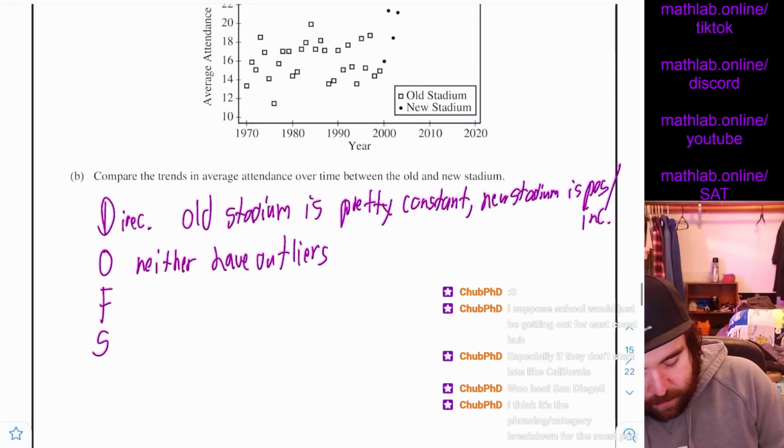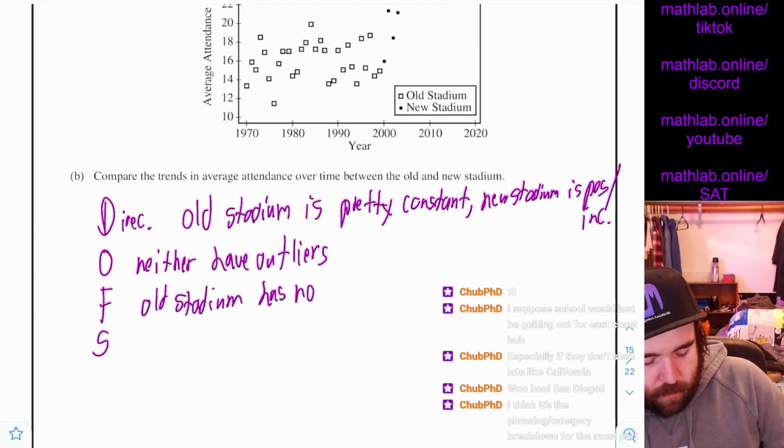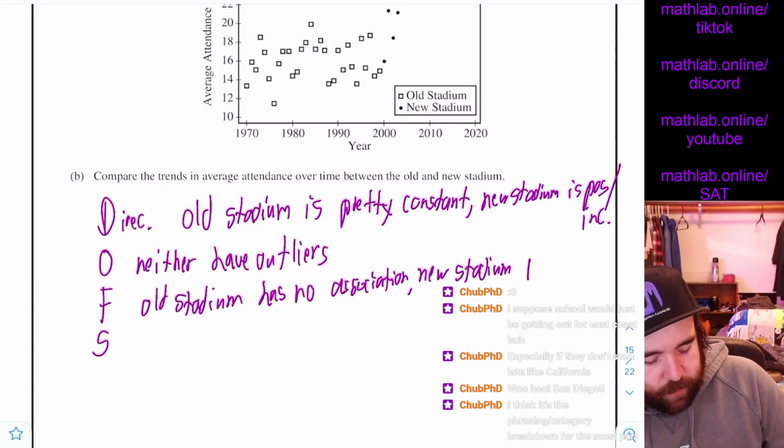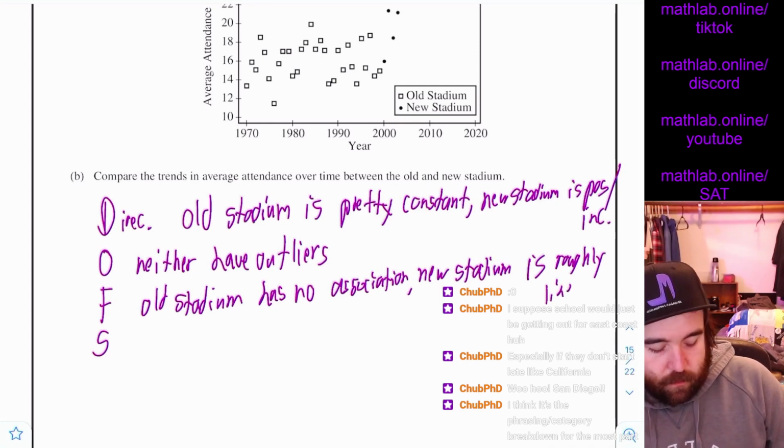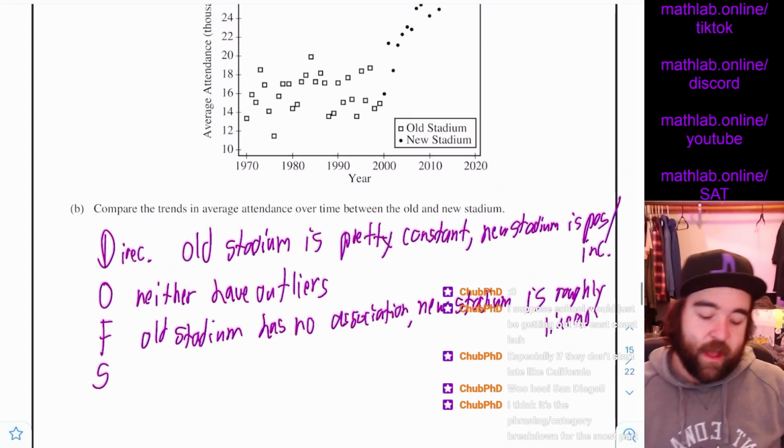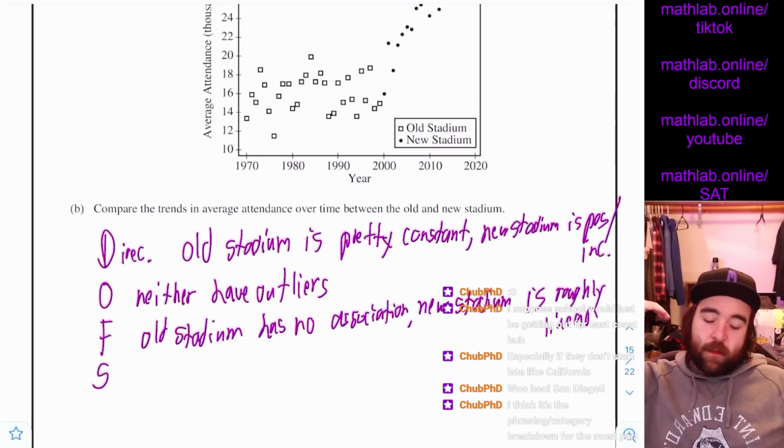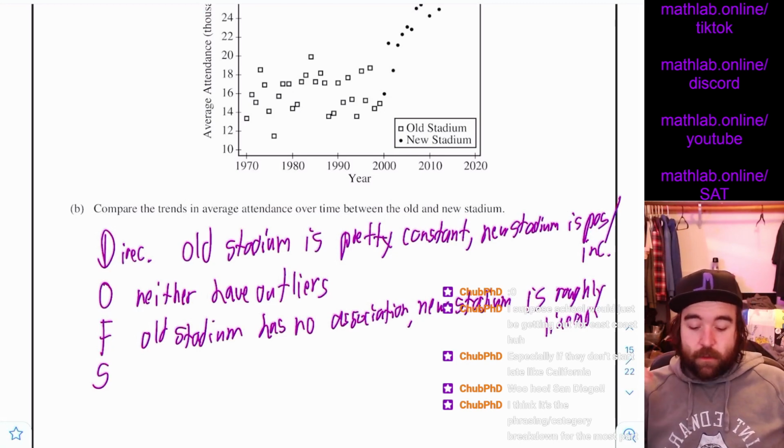Well, the old stadium has like no association. New stadium, I'll use a wiggle word, is roughly linear. And then, so direction, outlier, form, strength.